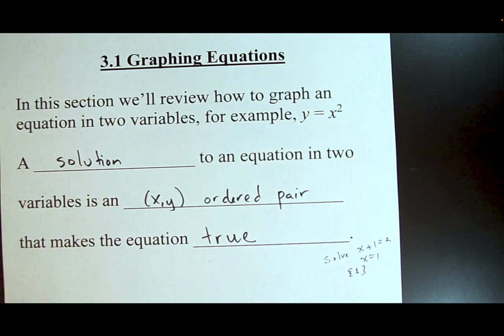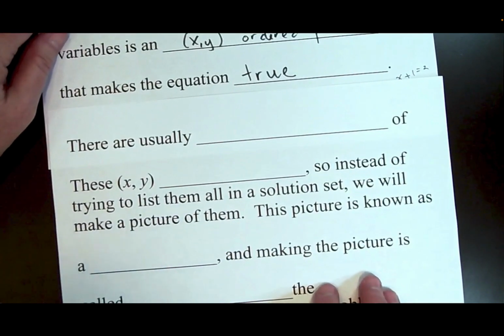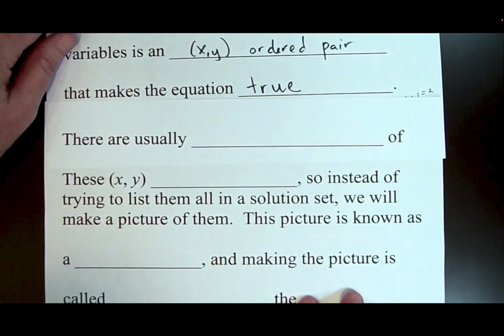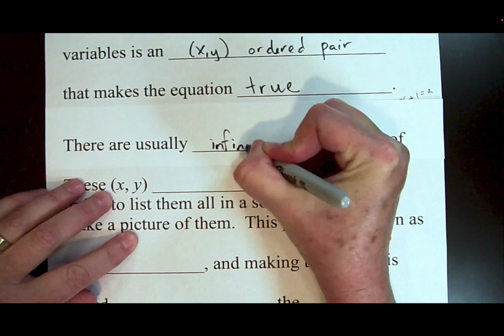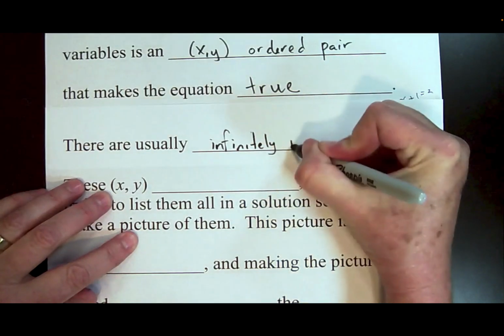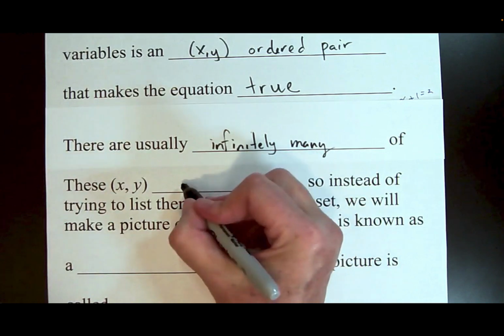Now, the thing about solving equations in two variables is that there are usually infinitely many of these xy solutions.